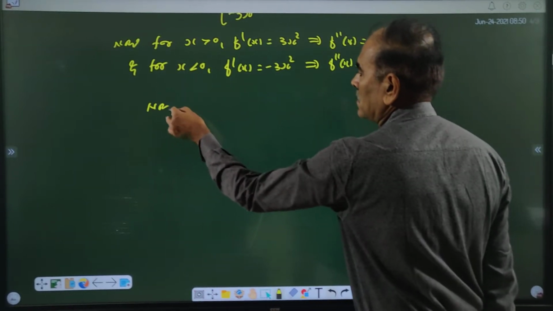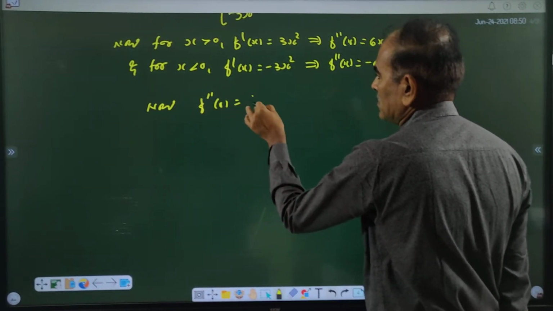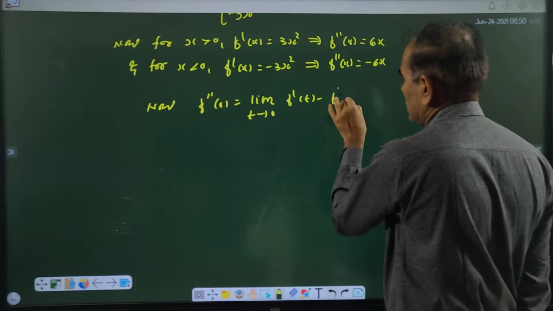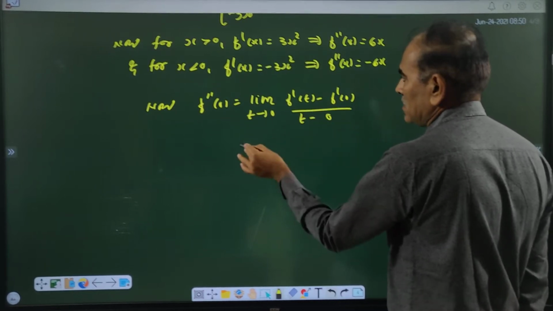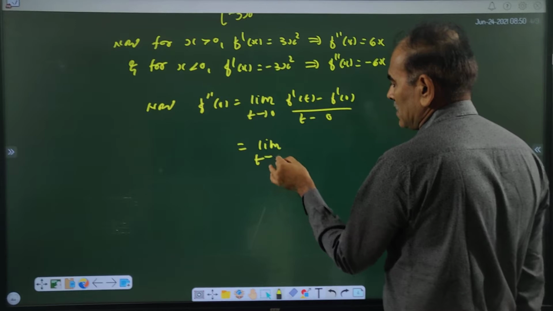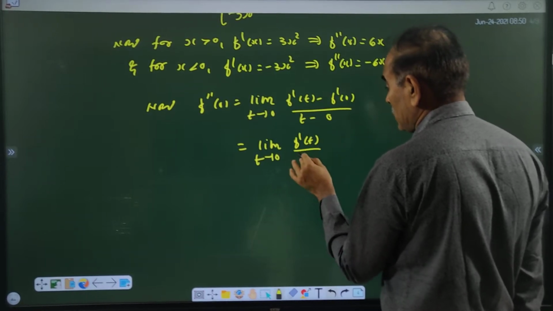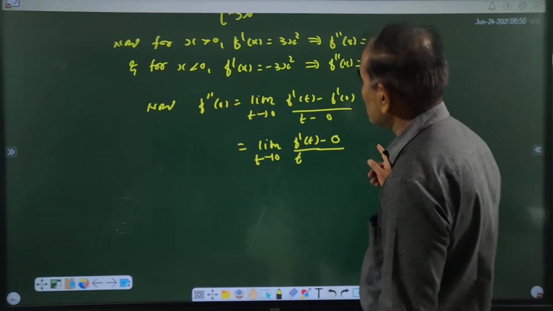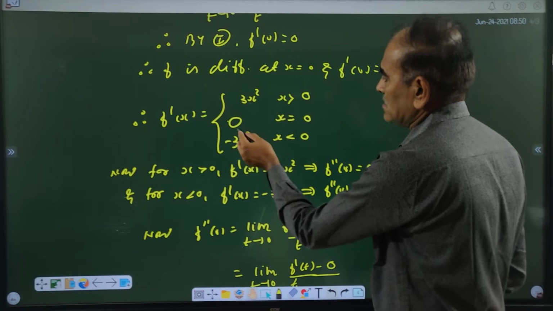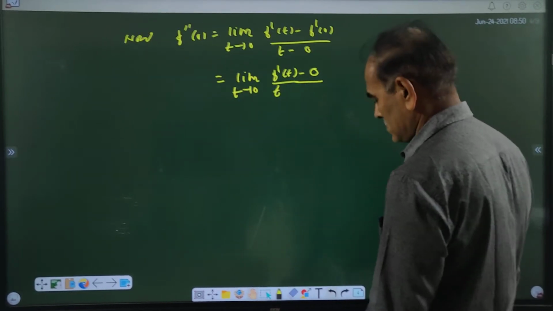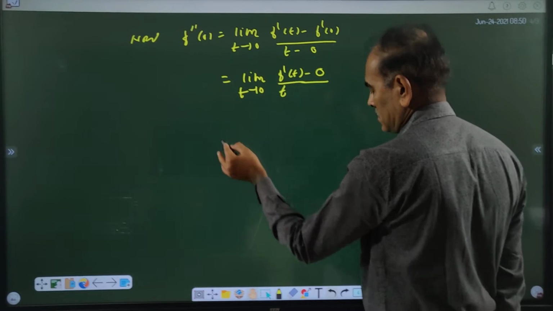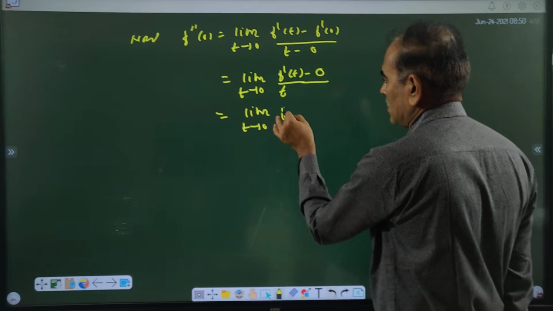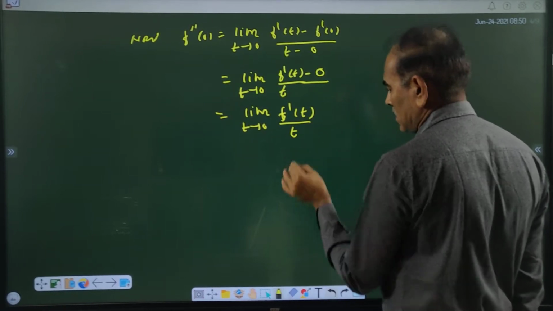Now, f double dash 0 is equal to limit t tends to 0, f dash t minus f dash 0 upon t minus 0. Why? See, we know that f dash x is equal to 0 whenever x is equal to 0. So what we get? That is equal to limit t tends to 0 f dash t over t.